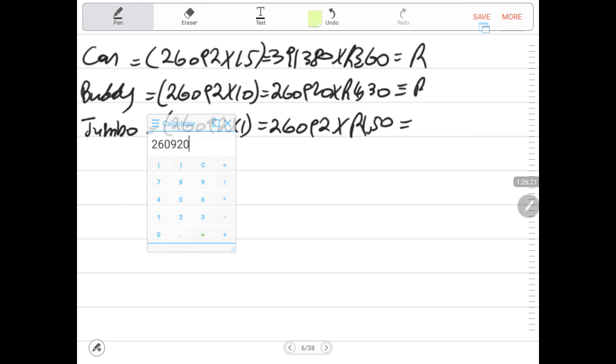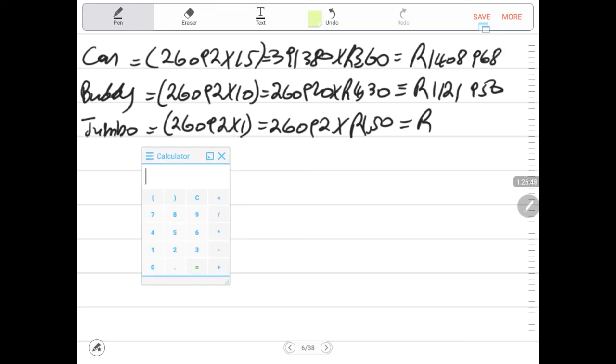Now the calculation of the contribution: 260,920 times 430 cents is 1,121,956. This one is 3.60 times 391,380. That will be 1,408,968 contribution at the break-even point for each product.